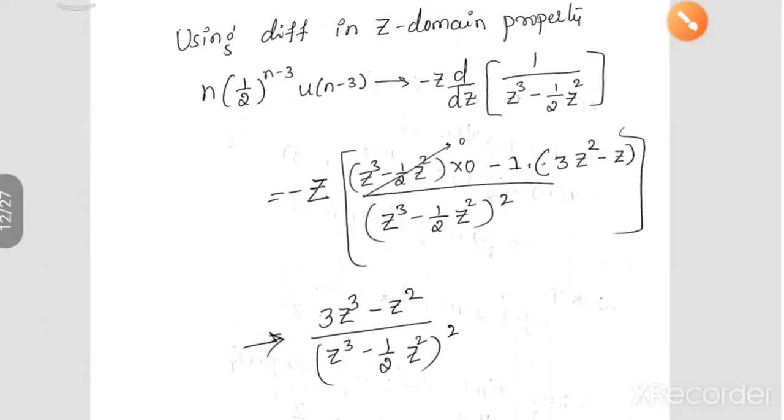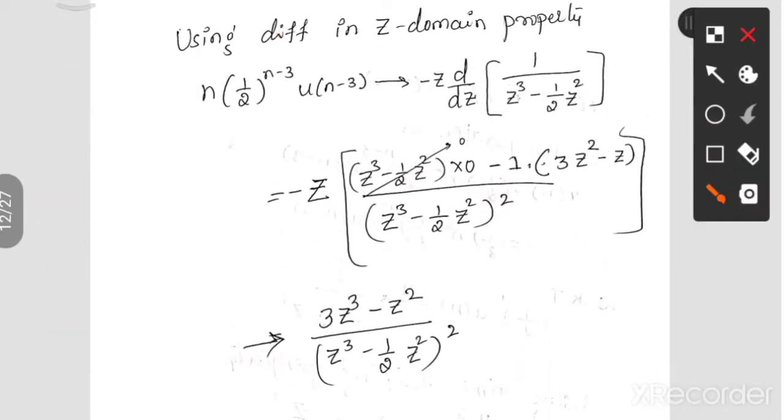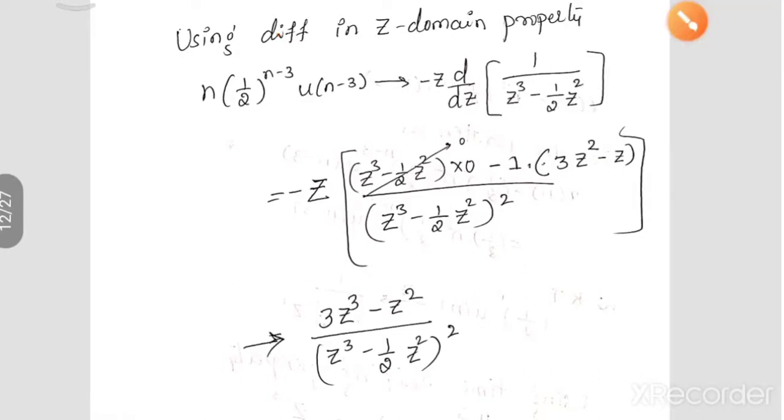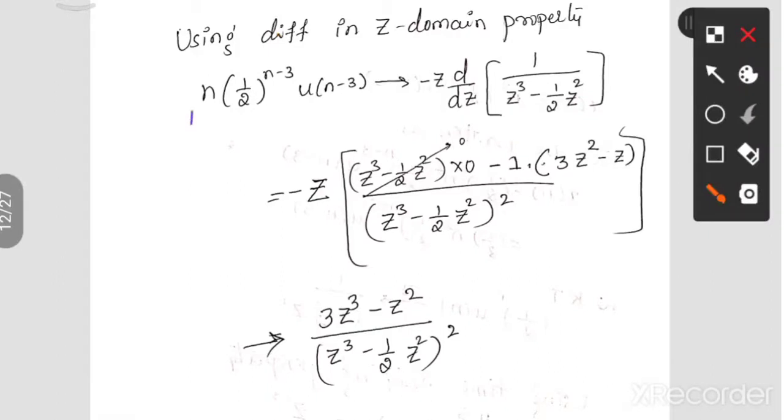Now we have to multiply that with n. We have n square, but let's take only one n for now. So just multiply here, n into 1 by 2 raised to n minus 3 into u of n minus 3. If we multiply with n, we have the differentiation property.